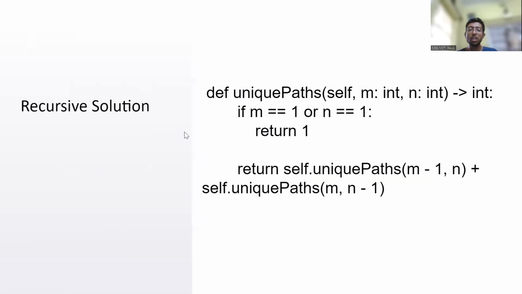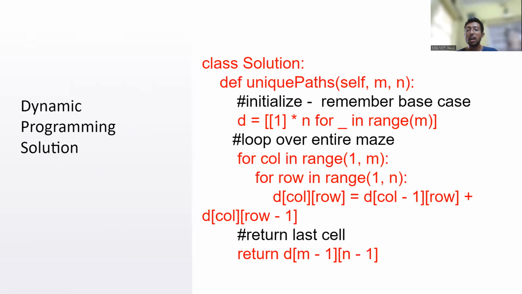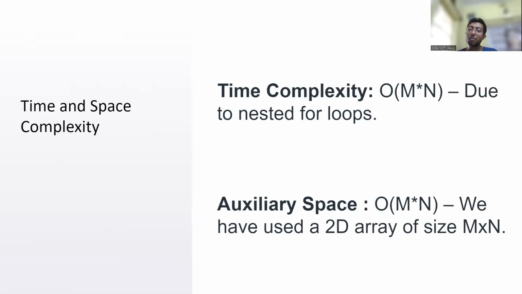With this solution, we can bring down the time and space complexity to the order of m cross n, where m cross n is the size of the 2D array that is given. So for any given m and n, our time complexity will be m into n, and the auxiliary space required here is also m comma n, because we store the entire thing in a 2D table.